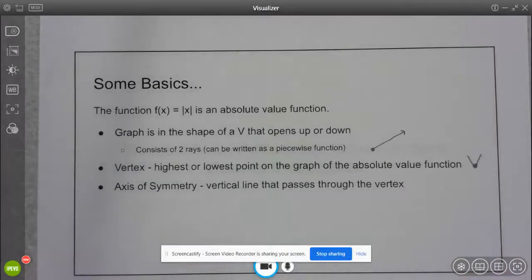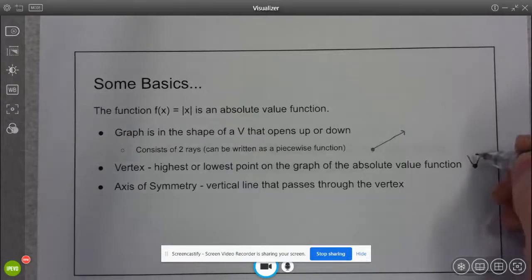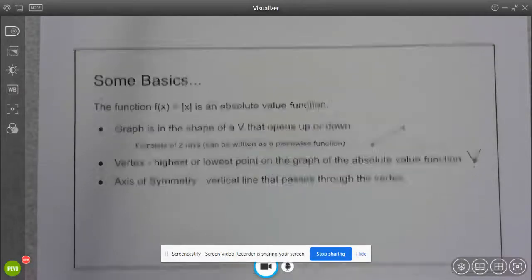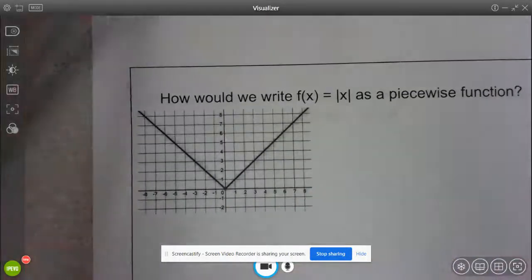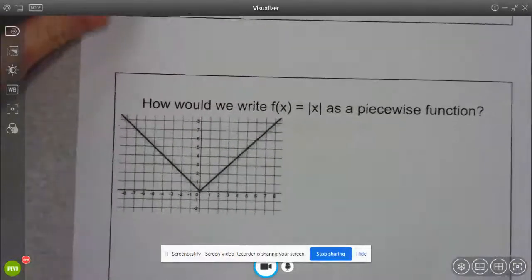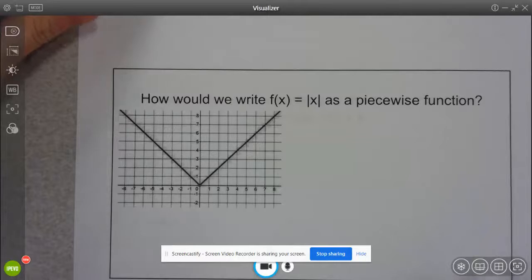And then these are symmetrical. So everything on the left can be reflected to everything on the right. So we do still have an axis of symmetry, that vertical line that passes through the vertex. So now, looking at our absolute value of x graph, we're going to look at how we would write this as a piecewise function.